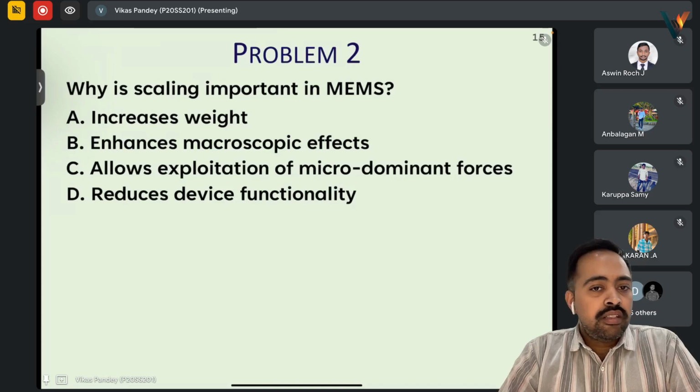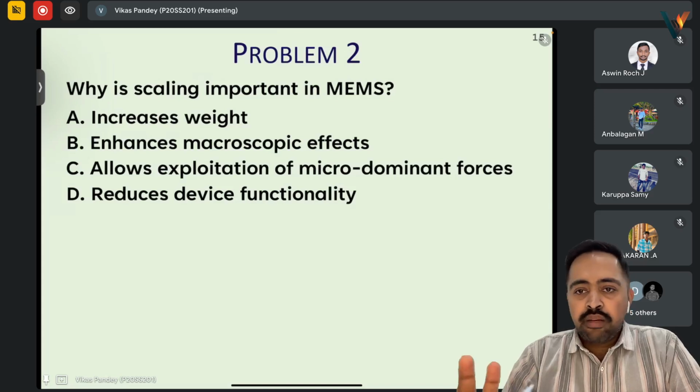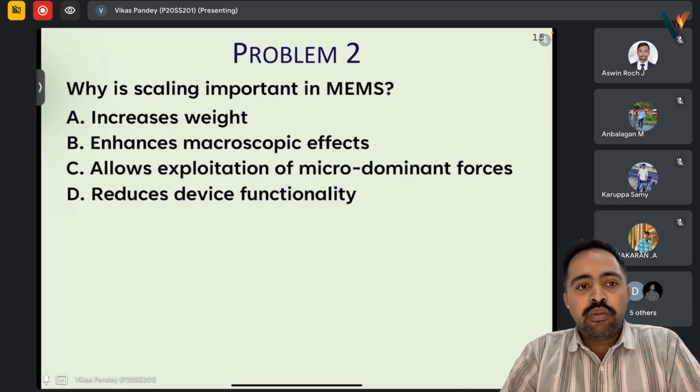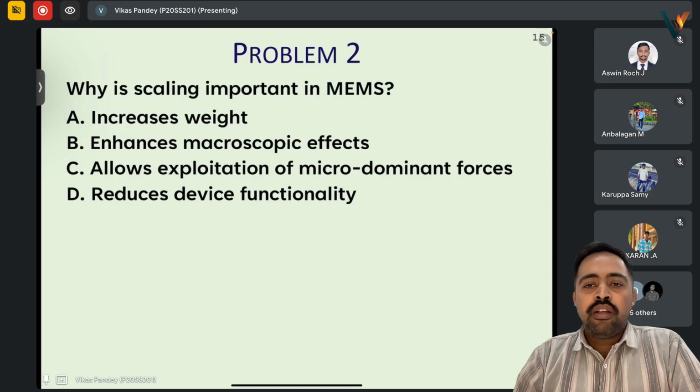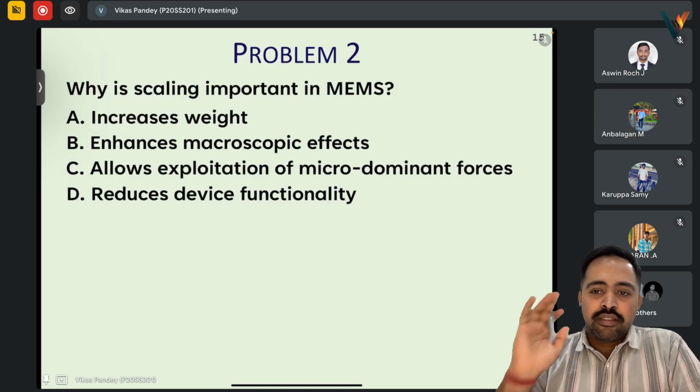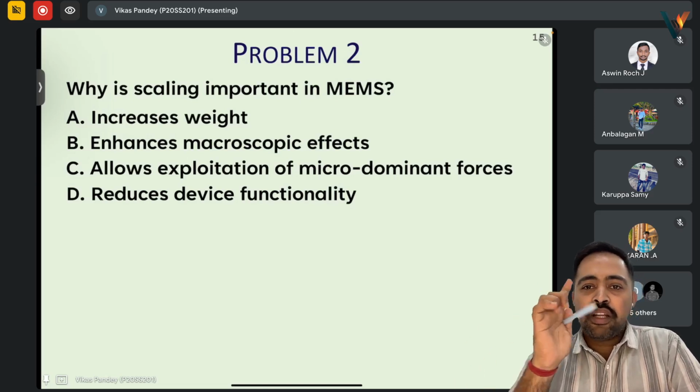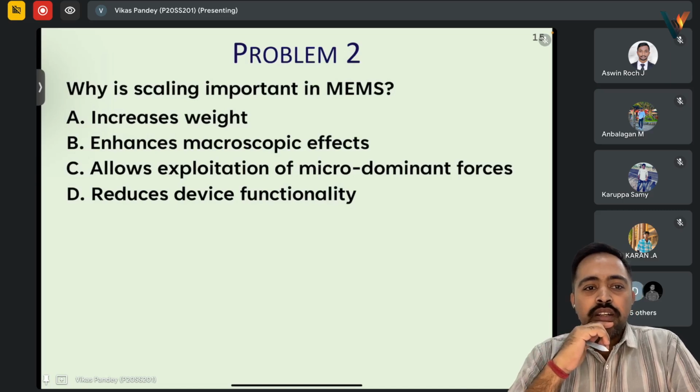Any other answers to this? There can be multiple correct answers, so feel free to answer multiple. Whatever questions I am putting, it might not be a single answer, and it might not be that only one option is correct.